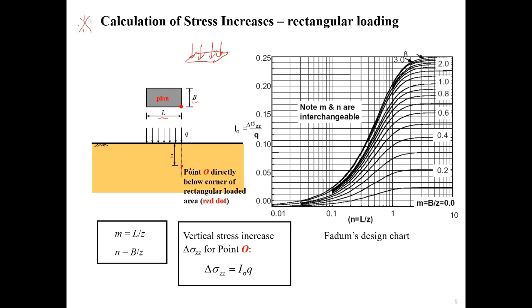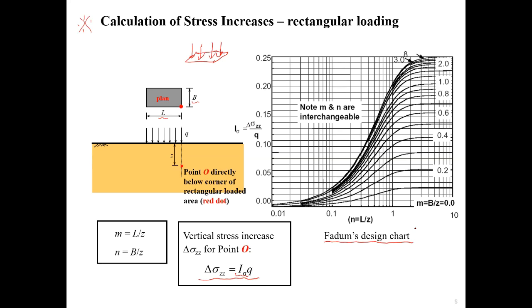So the vertical stress increase sigma ZZ at point O, which is one corner of the rectangular load, is still calculated as the influence coefficient times Q. This time we need to select the influence coefficient from another design chart, called Fadum's design chart, but it's quite similar. The way we pick up the influence coefficient is quite similar.